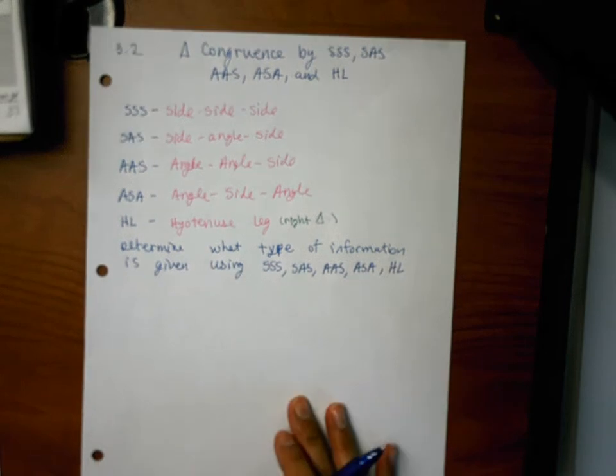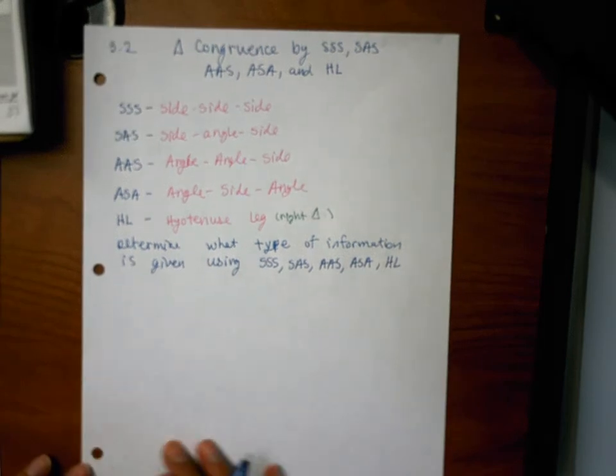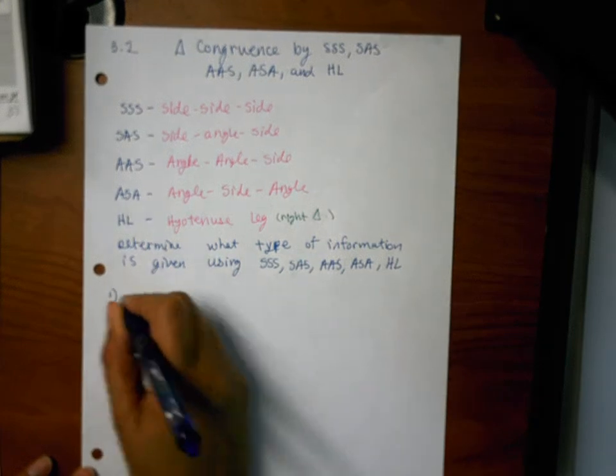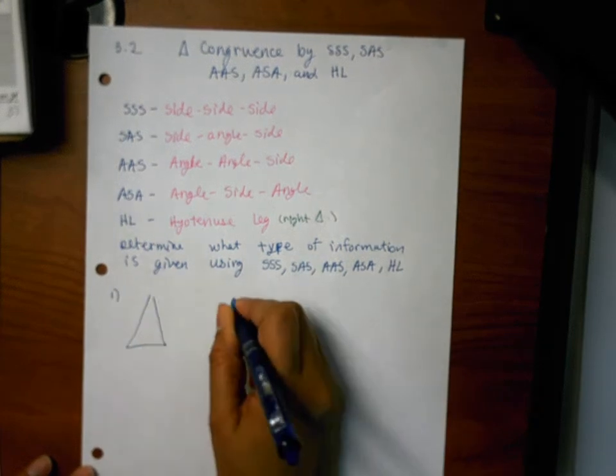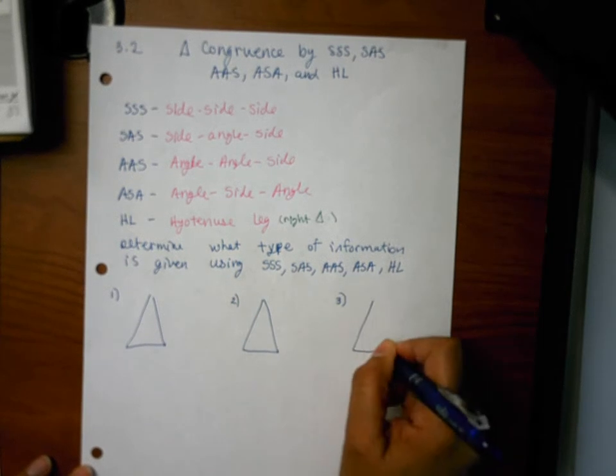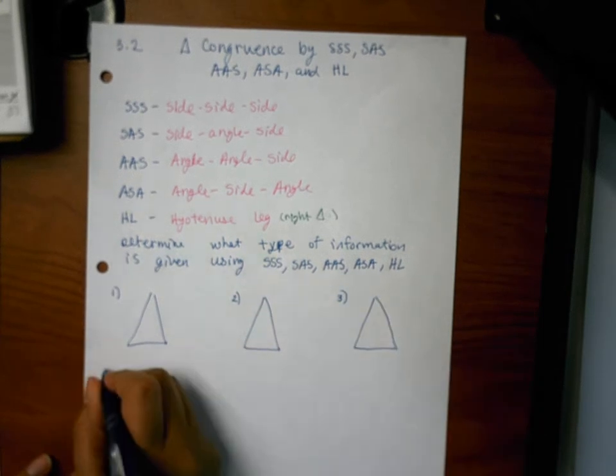Okay, so I'm going to give you about 9 images, and we're just going to go through and name which one is which. So 1, just draw a triangle. 2, draw a triangle. And 3, draw a triangle. I am going to go in and fill them in after.